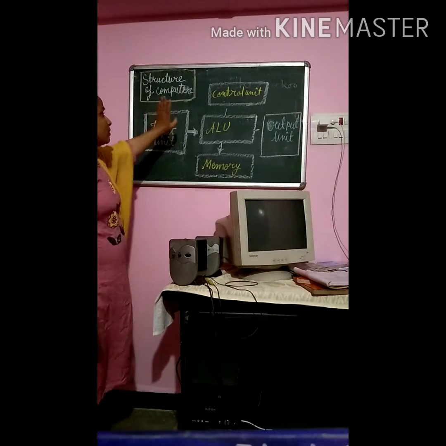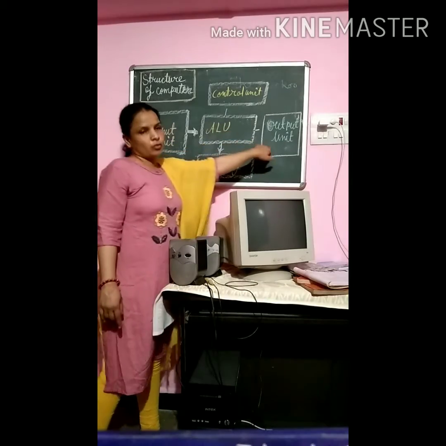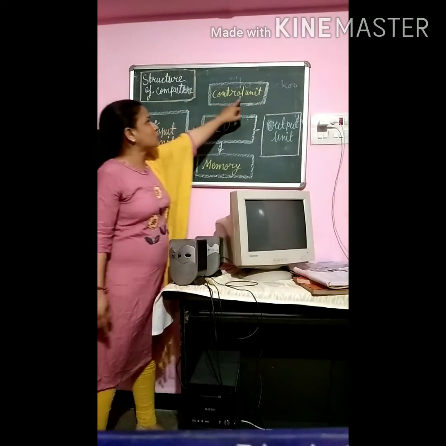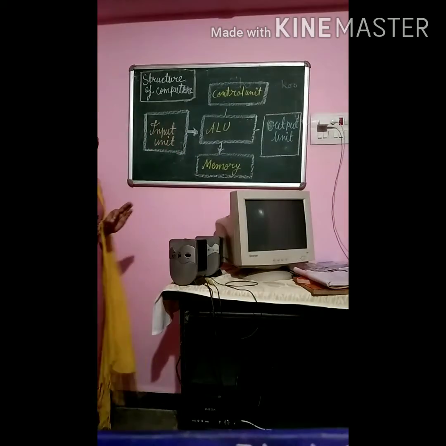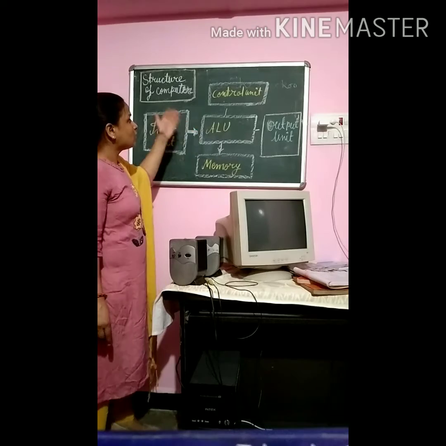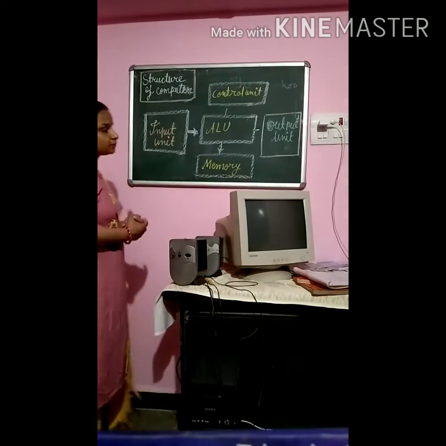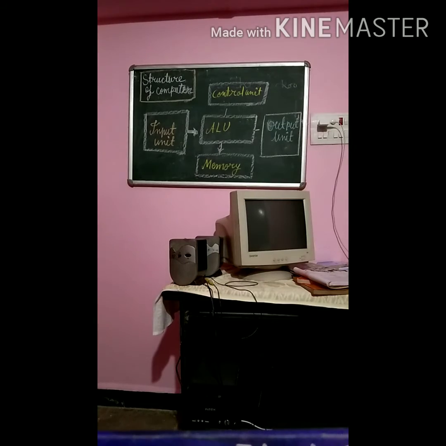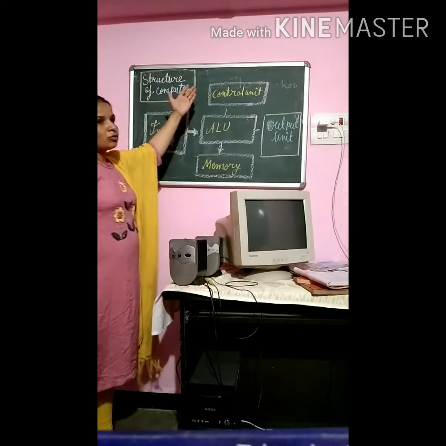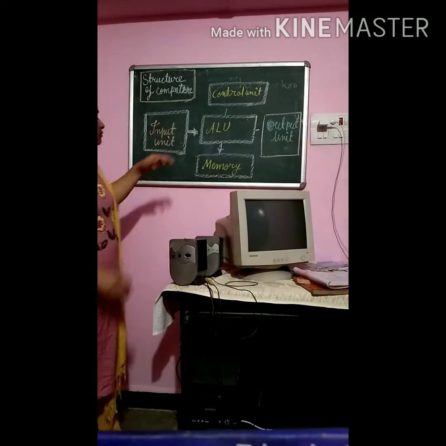The main structure of the computer is an input unit, output unit, and the control unit. The control unit is also split into three categories: ALU, that means the arithmetic logical unit, the memory, and the control unit. What is the function of the control unit? The control unit controls and commands all instructions which are given by the user.